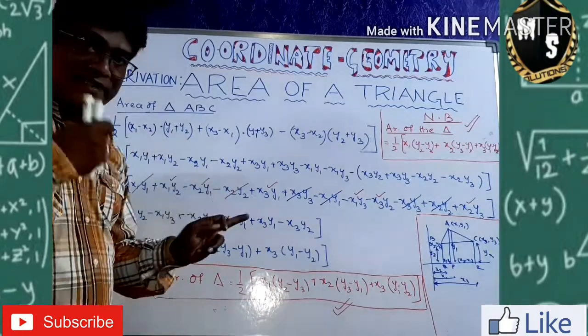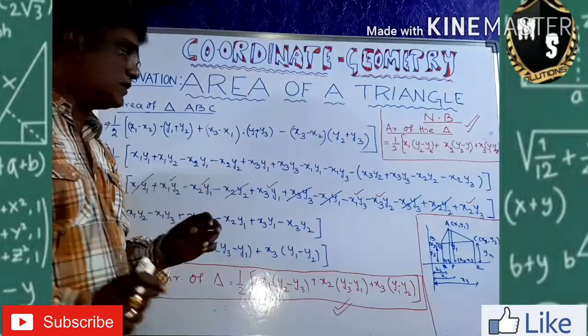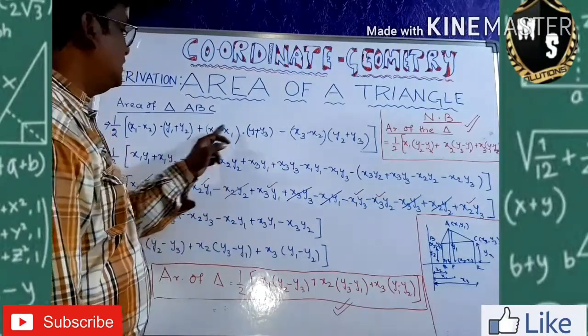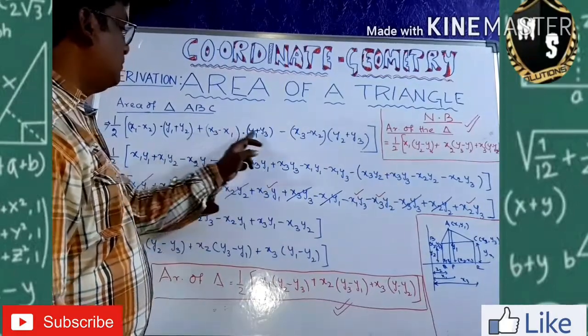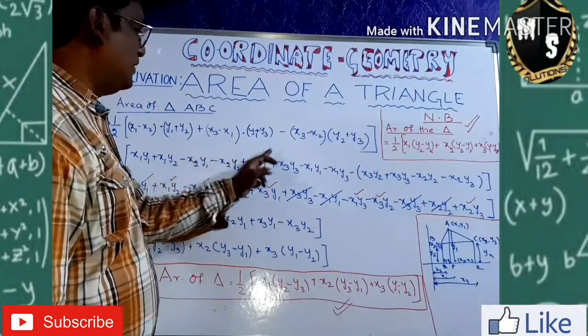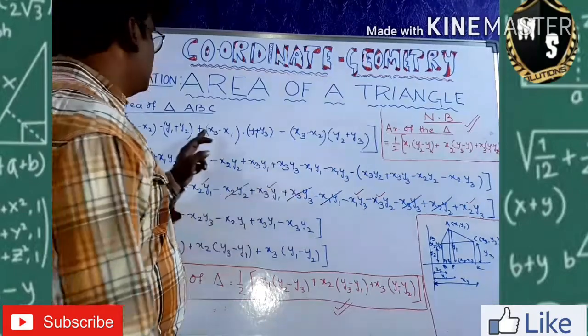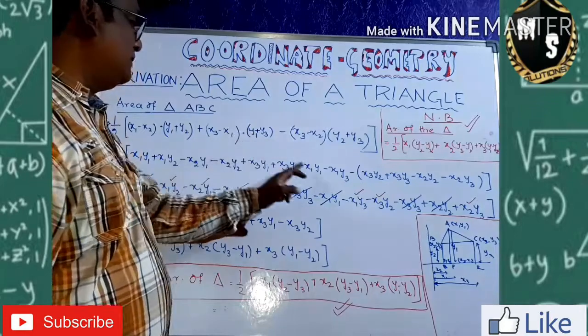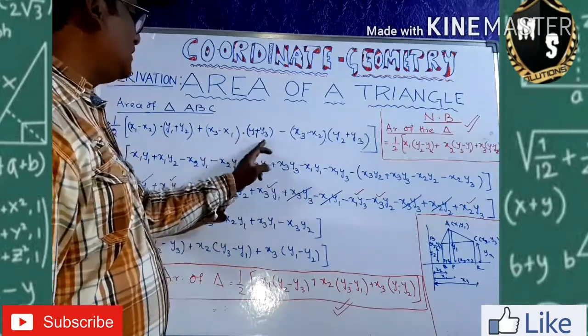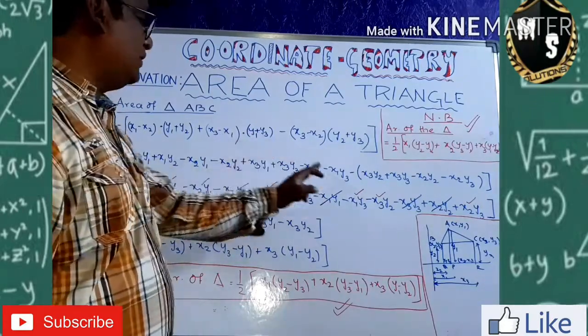Say it like that and write, so that mistakes will never come. Now plus into plus, this is plus x3 y1, plus x3 y3. Now it is minus into plus, minus x1 y1, minus x1 y3.